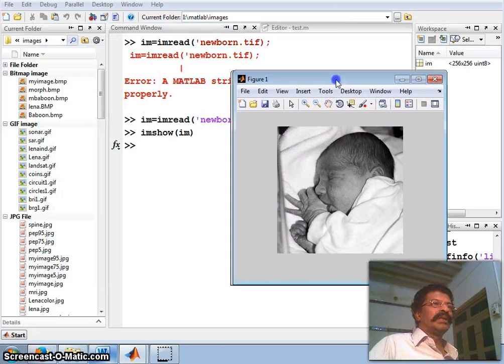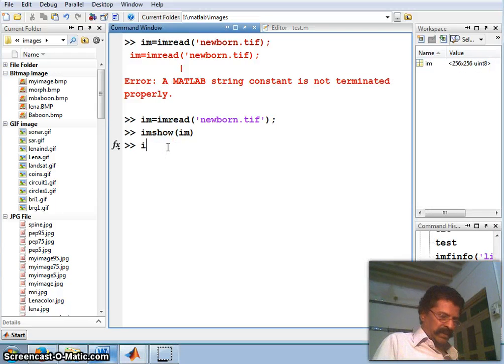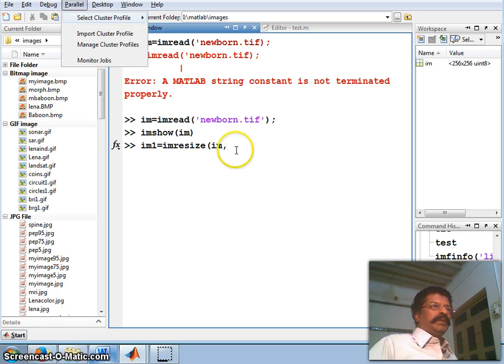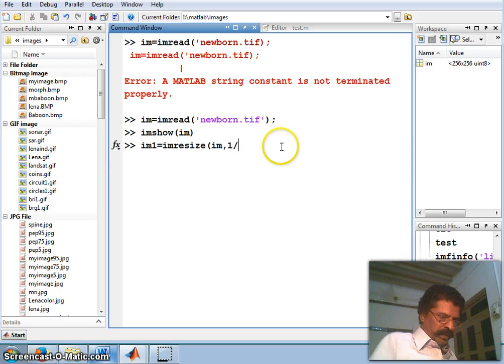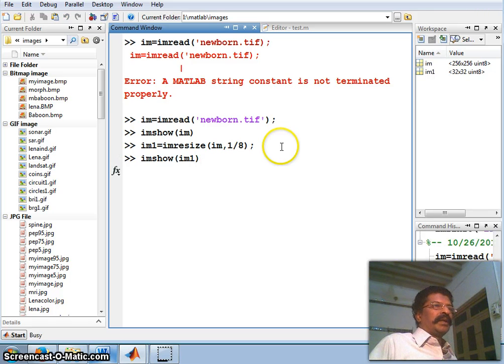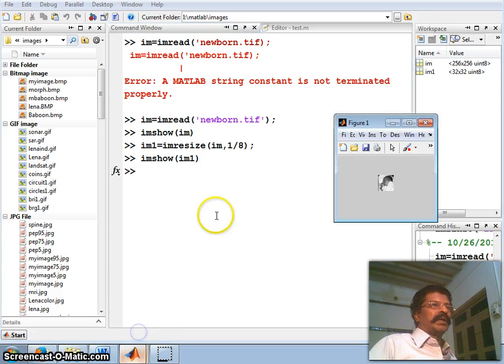Now if I reduce the image, say for instance, im1 equals, there is a command called imresize. I want to reduce it to, say, 1/4 of that, that is 0.25. Yes, we shall reduce it to 1/8 of its size. And now if I see the image, imshow im1, you can see that the size of the image has become 1/8.